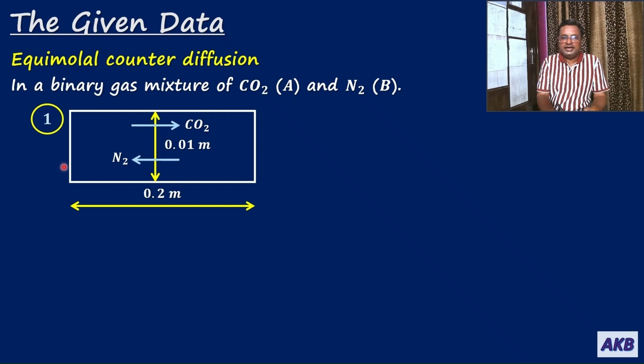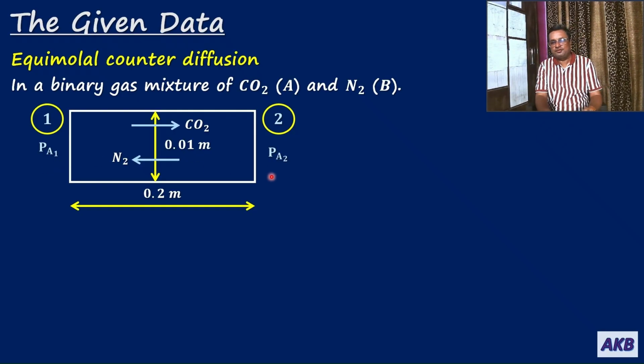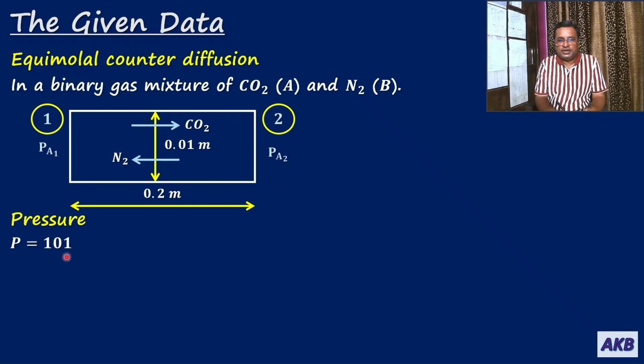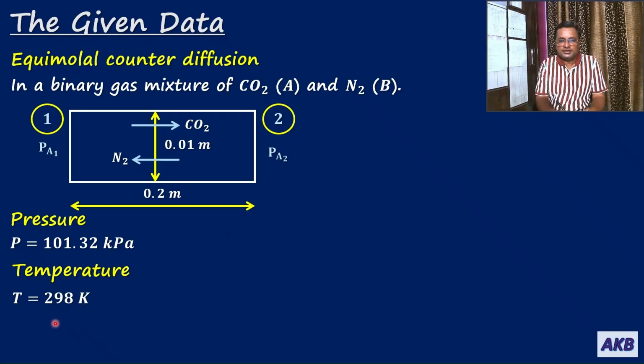Let us denote one end of the tube by 1 and the other end by 2. Total pressure is 101.32 kilopascal, and temperature is 298 Kelvin.